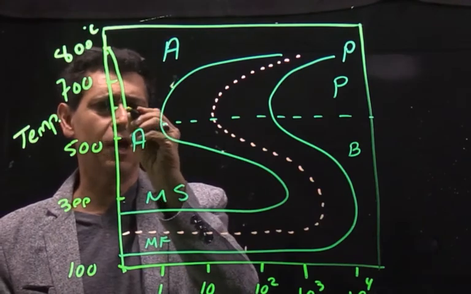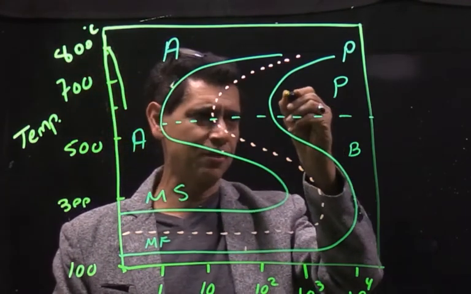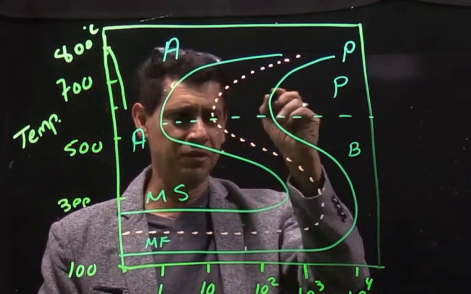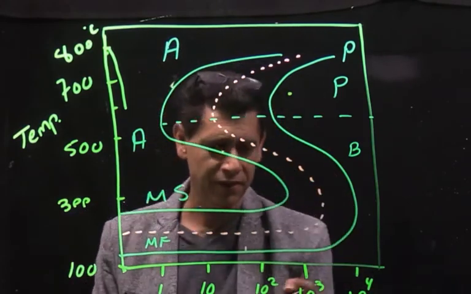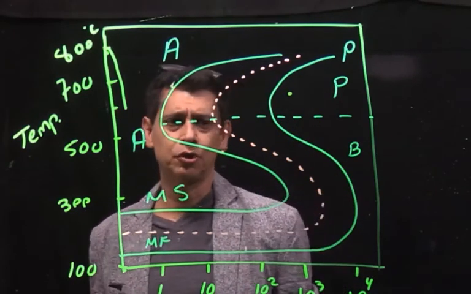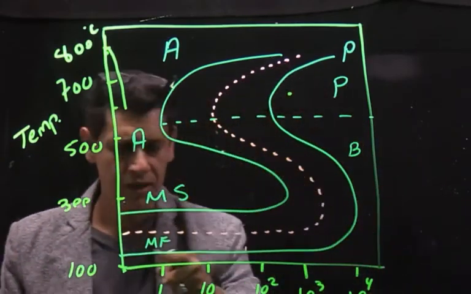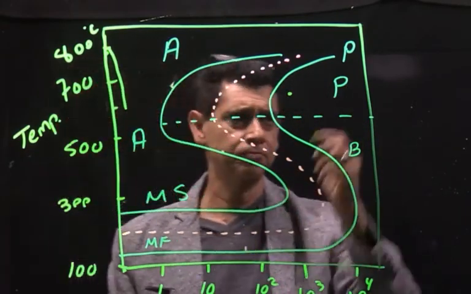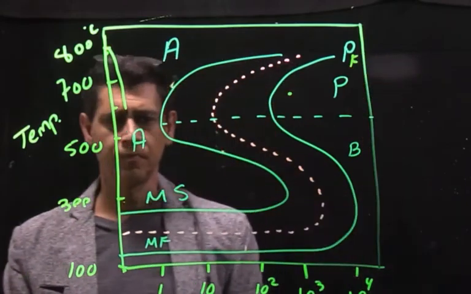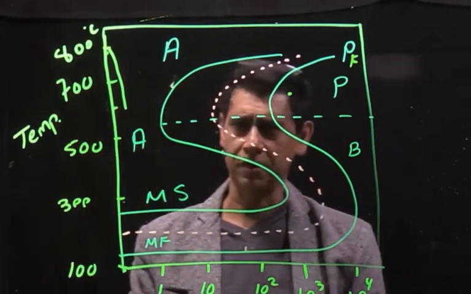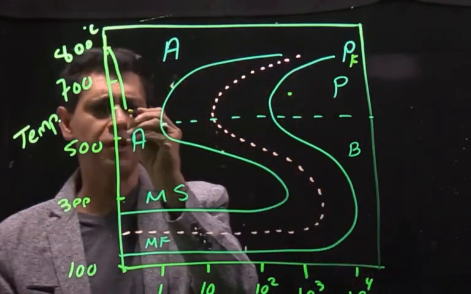When I say plenty of time, let's say I give 1,000 seconds. I'm here, 1,000 seconds. What structure do I have? Because I passed this one, which is the pearlite finish, I have 100% pearlite. But what if I go up to here?